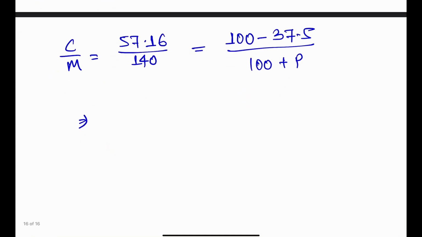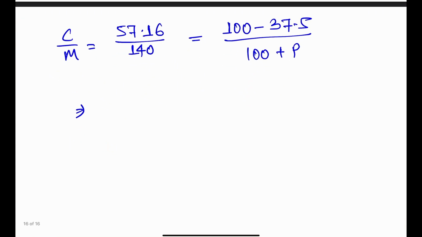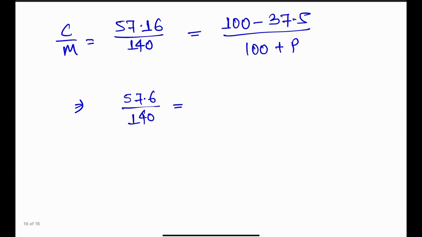Okay, so 57.16 upon 140 is equal to, it will be 60. I can say that 37.5, if I use fractional value over here, 37.5 is 3 by 8, so it will be 5 by 8, 5 by 8, and it will be 1 plus p.